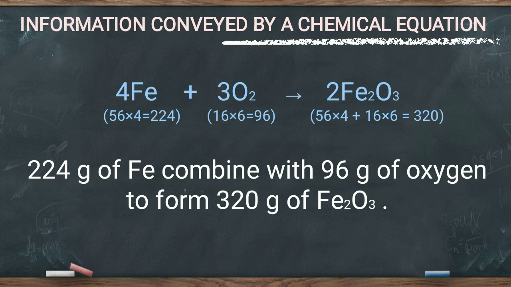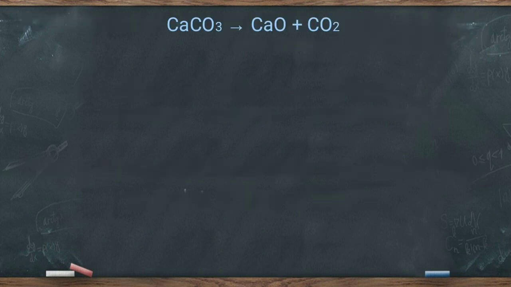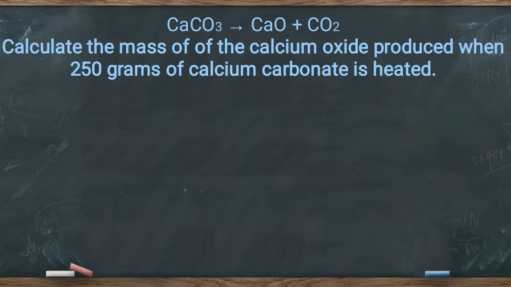For example, calcium carbonate decomposes to form calcium oxide and carbon dioxide. And here we have to calculate the mass of the calcium oxide produced when 250 grams of calcium carbonate is heated. For this, calculate the mass of each reactant and product involved in the balanced chemical equation.